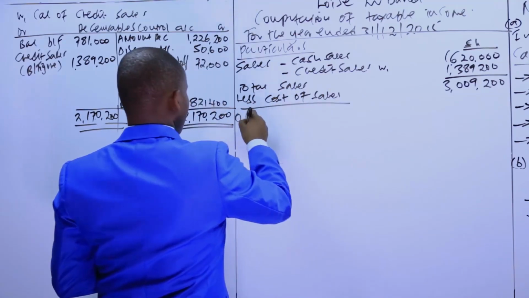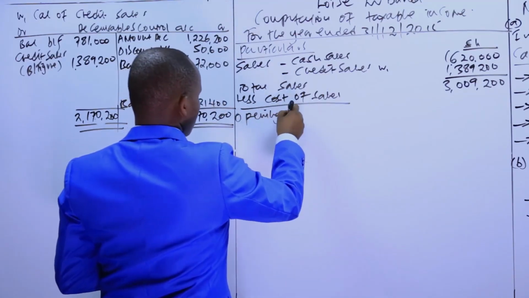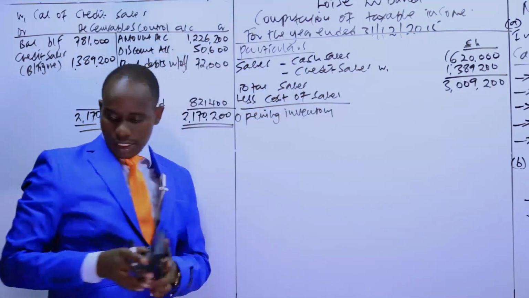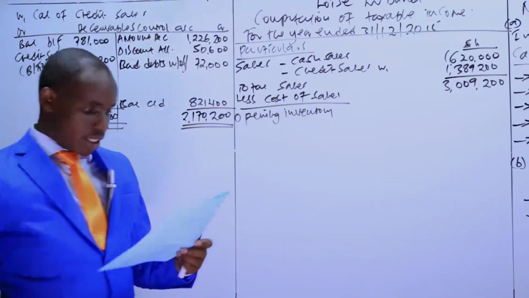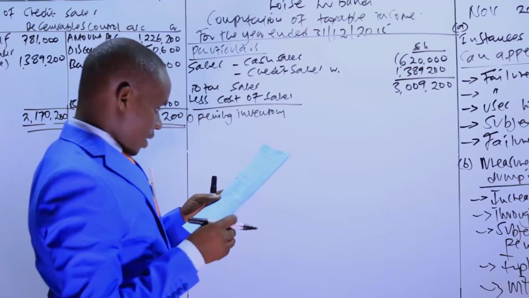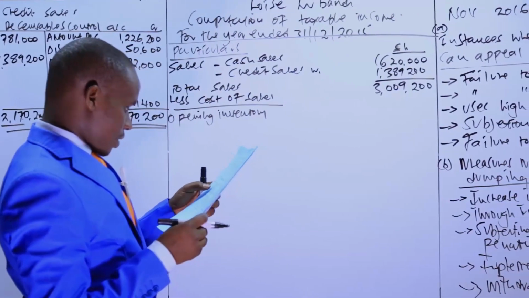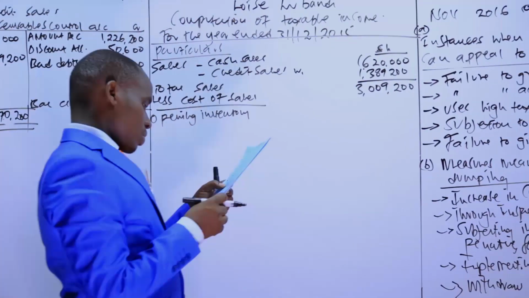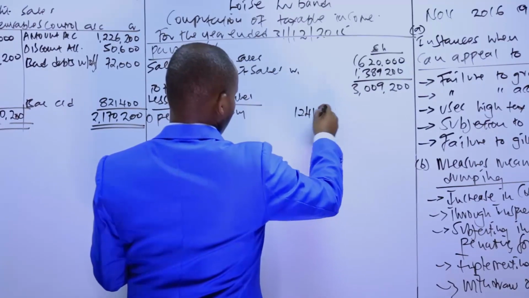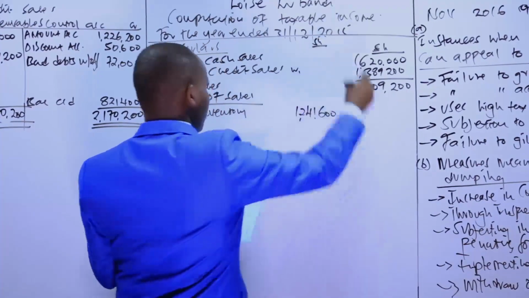For the cost of sales, we start with opening inventory. The opening inventory in our question is under the balances: 1,241,600.